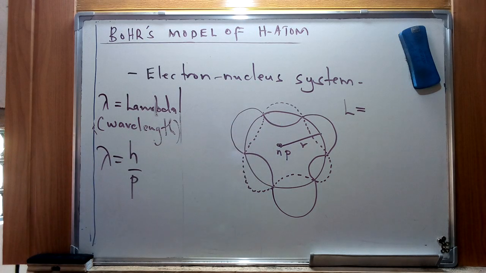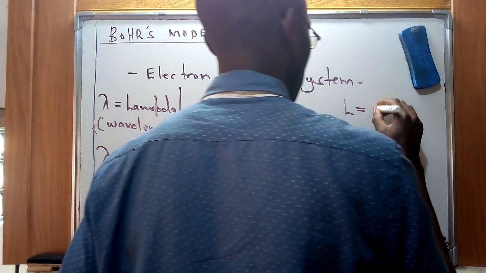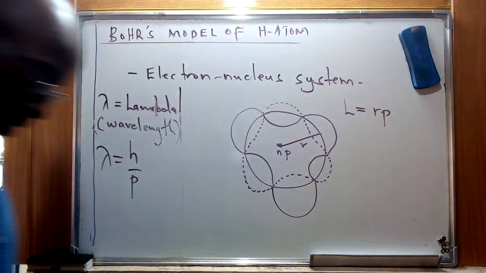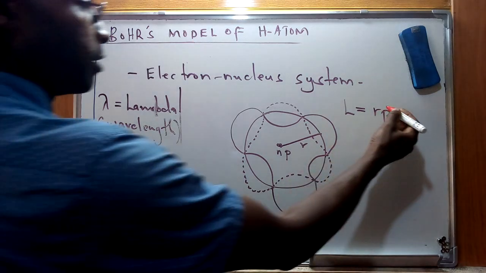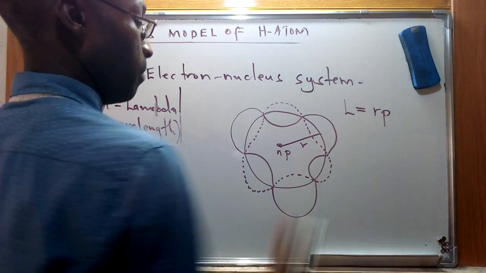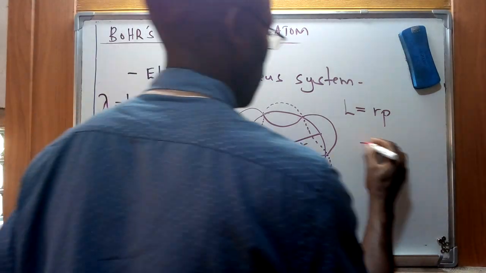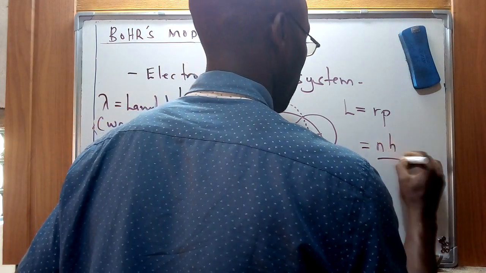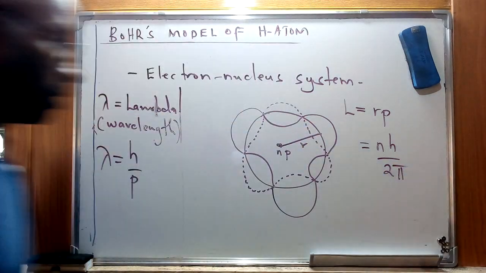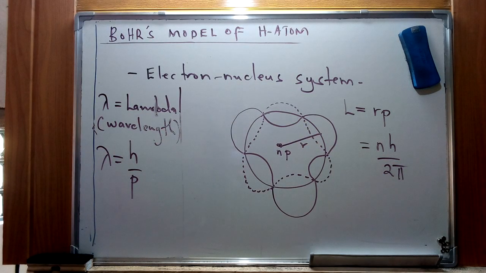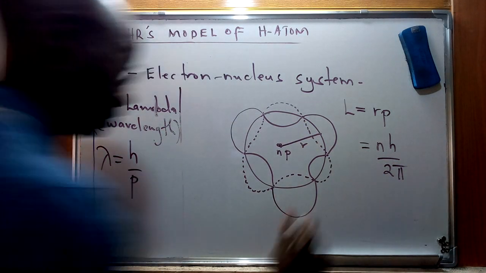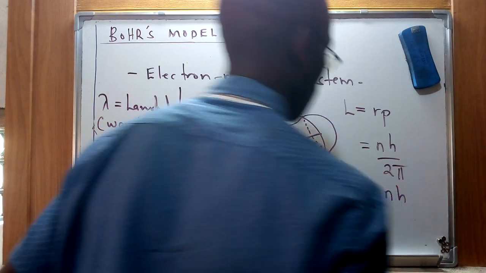To justify this, this angular momentum number can be described as the product of this distance and the momentum. This is going to be an integer multiple, which gives us nh.